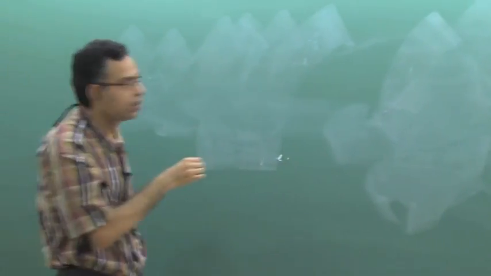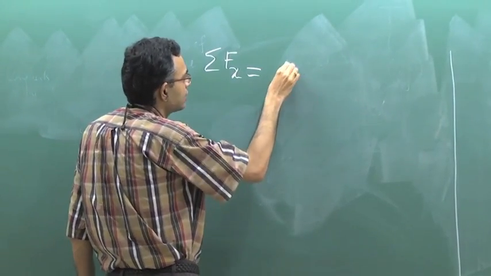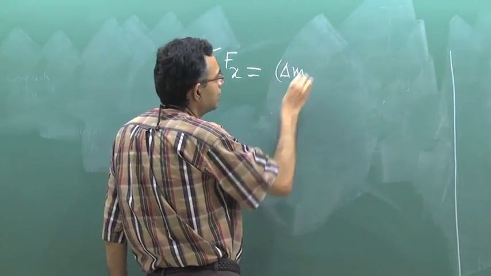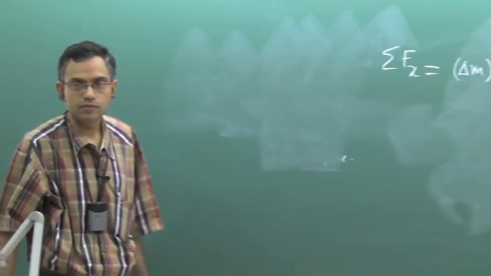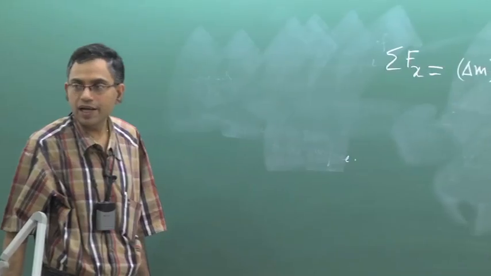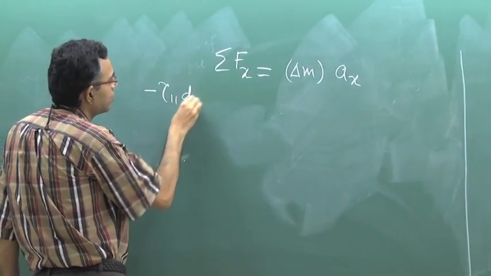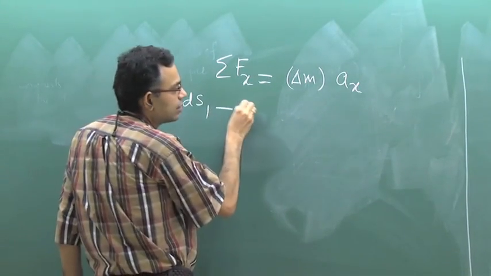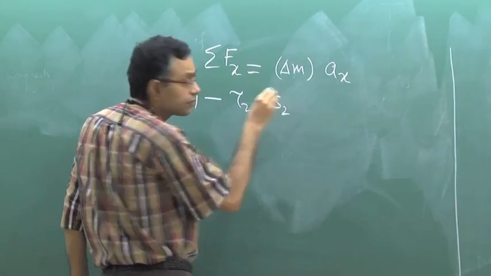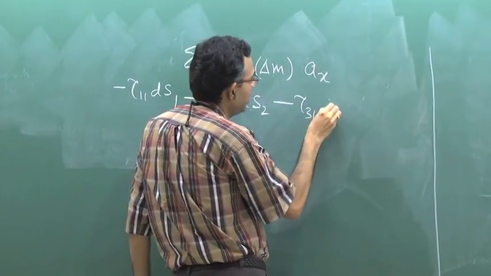So let us write the equation of motion for this element. We can write resultant force along x is equal to the mass, let us say delta m is the mass, times acceleration along x. So what is the resultant force along x? Minus tau 11 ds1, minus because it is along negative x, minus tau 21 ds2, minus tau 31 ds3.